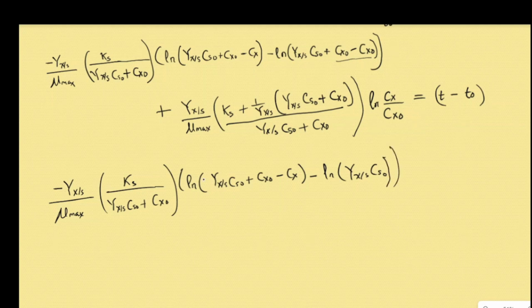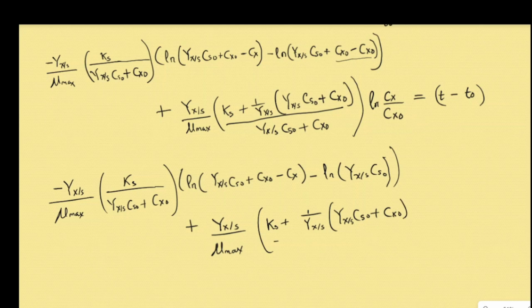So on this part, we now have it reduced like this. So we now have plus this whole term Yx/s over mu max, then Ks plus what do you have, 1 over Yx/s into Yx/s Cs naught plus Cx naught, and all over Yx/s Cs naught plus Cx naught.